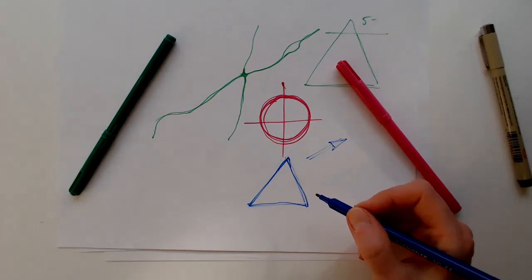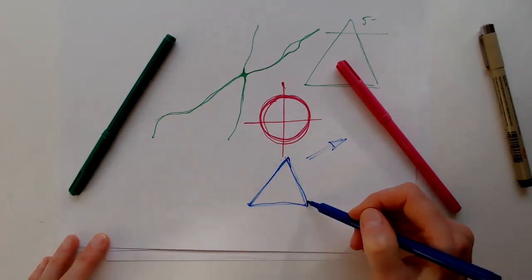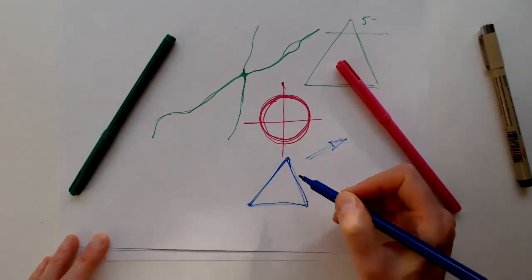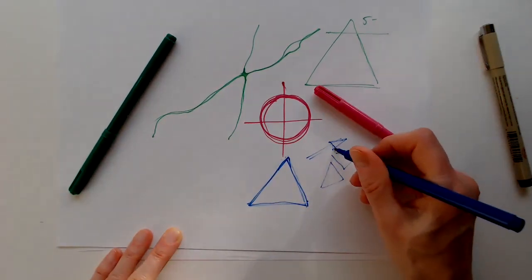Instinctively, if you see broken glass on the sidewalk, we have an unpleasant feeling about those corners. Broken glass is made of many, many triangles.